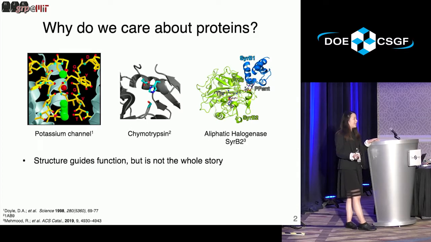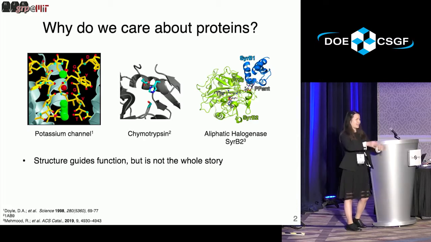For aliphatic halogenase, the reaction that it performs, which is halogenation, it sticks halogen atoms onto its substrate. This is a really reactive reaction. So in order to protect this active site from going out and adding halogens to lots of random things, the enzyme has protected it very deeply within the protein.